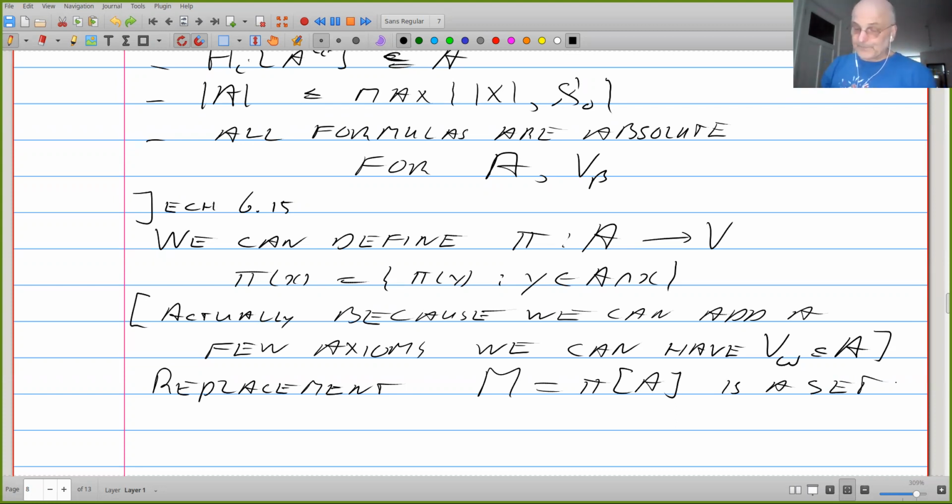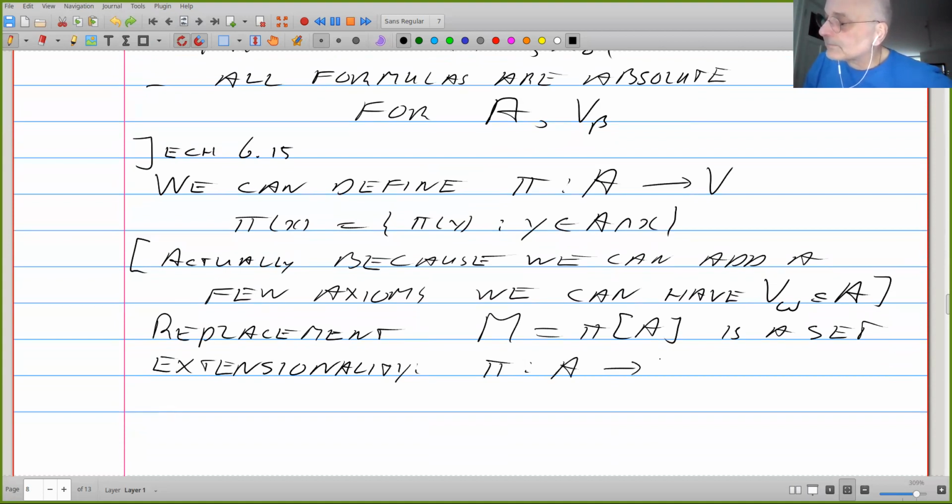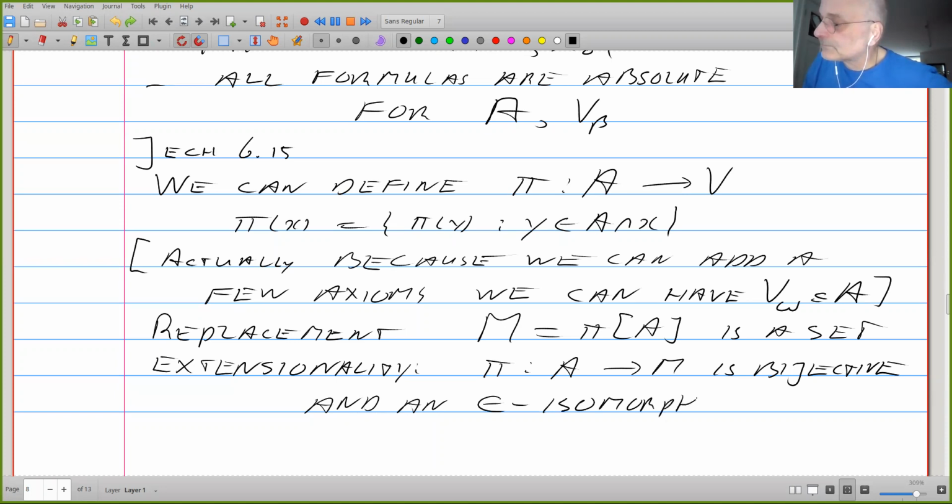But anyway, we can define this mapping, and by replacement, M is a set. And remember, extensionality was in our list. And it's an element of isomorphism.